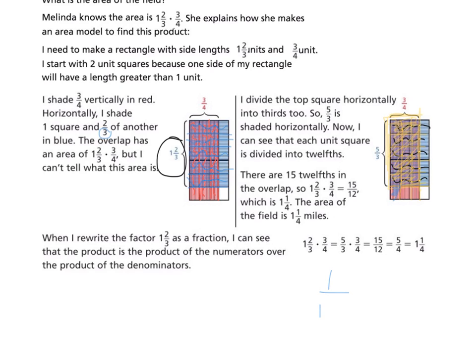So how many 12ths are in this overlap? Well, there's 15 of them. So the next thing we need to do is find a number to simplify them. So I know that 15 divided by 3 is 5, and 12 divided by 3 is 4. So now I have 5/4. I know that 4 goes into 5 one time with 1 remaining. So 1 and 1/4 would be this area right here.